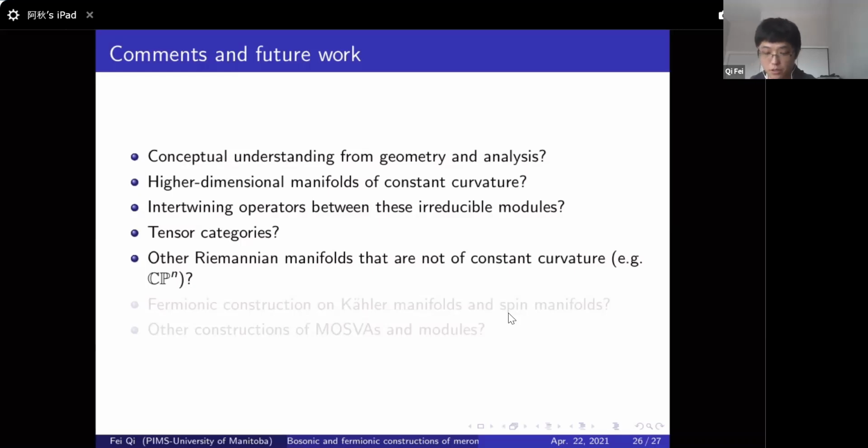Okay, so what we described above is just the application of the bosonic construction. Huang asked Francesco and me to work on the fermionic version, because we expect to get a fermionic construction on Kähler manifolds and spin manifolds.